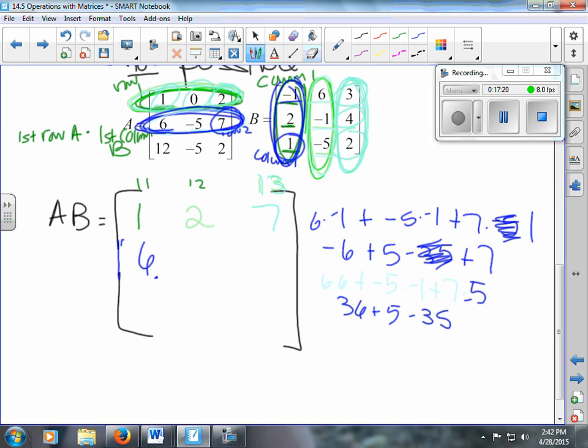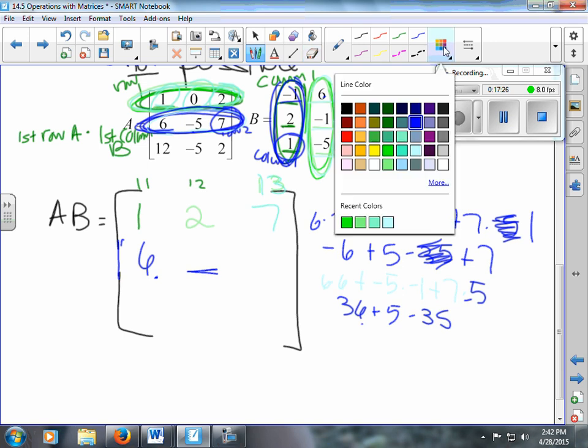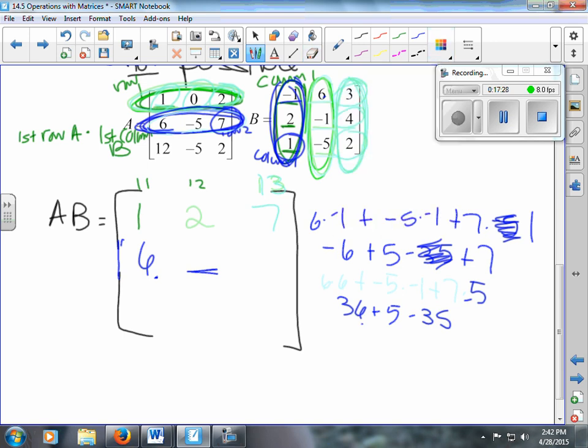All right, so now when I do row 2, column 2, 6 times 6 is 36, plus negative 5 times negative 1 is plus 5. And then plus 7 times negative 5 is minus 35. So it's negative 30, so this is 6.